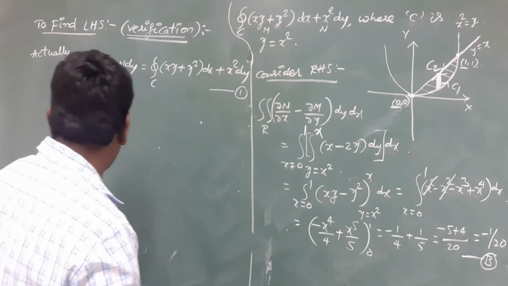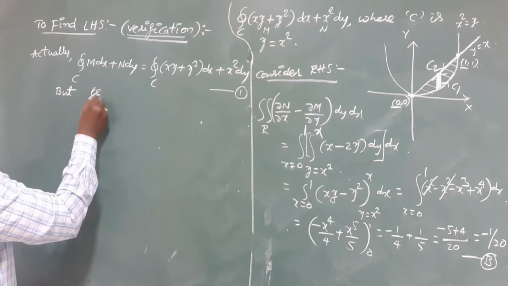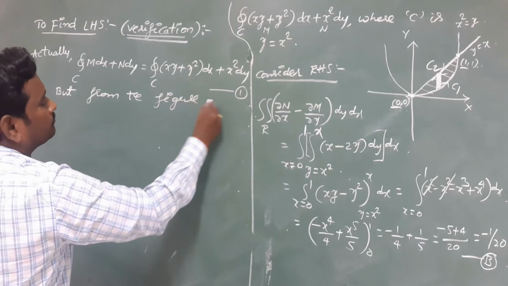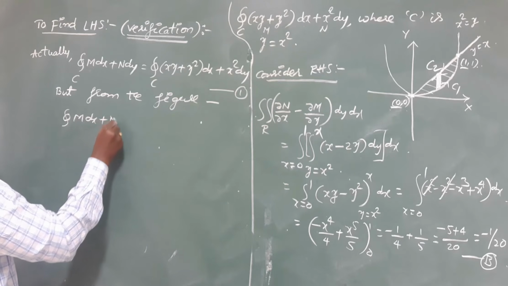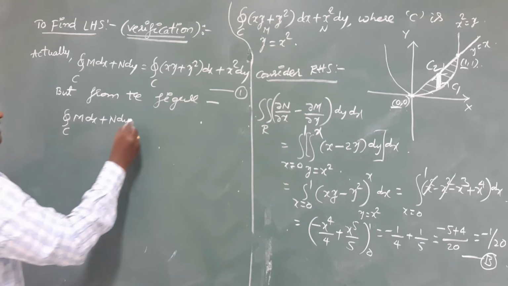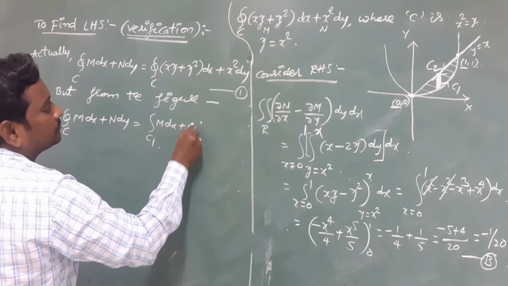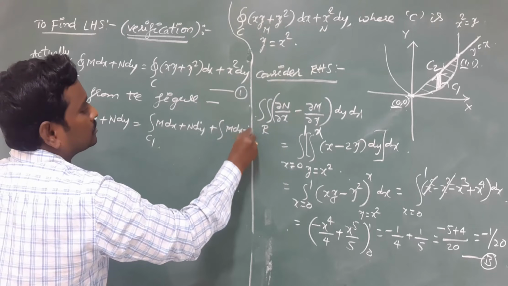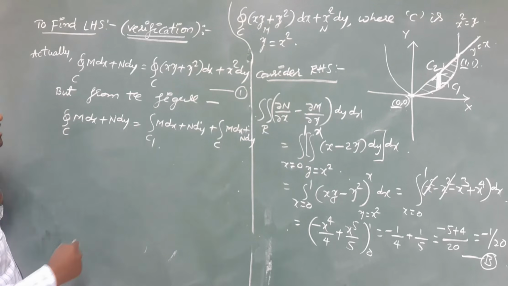So the circulation of M dx plus N dy around C is nothing but the integration over C1 plus the integration over C2. In this way we can find the integration around C.